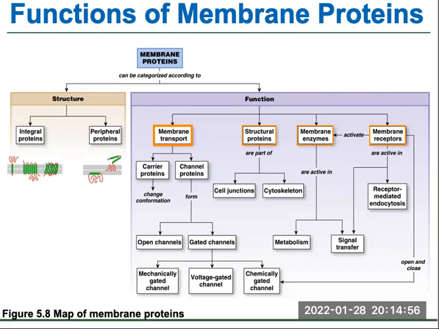Some membrane proteins have more than one function, so they can be, for example, both a channel protein and a membrane enzyme at the same time. For the purpose of this lecture, we'll be focusing mostly on the class of membrane transport proteins. These are membrane spanning proteins that help move lipophobic molecules across membranes.